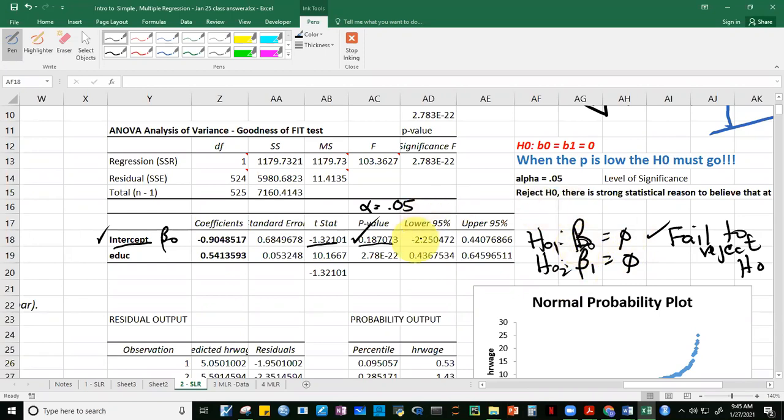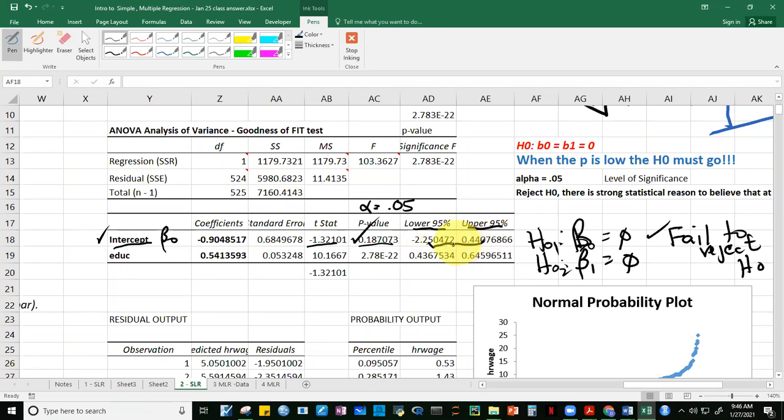Okay? In fact, guys, makikita natin dito yan. Sa lower 95% at saka sa upper 95%. Sabi natin, ang possible values ng beta 0 natin is between negative 2.2 at saka 0.44. Tanong guys, possible ba na tamaan si 0 dito? Okay, shout out na lang guys. Pwede bang tamaan si 0 dito? Is 0 in between these two values?